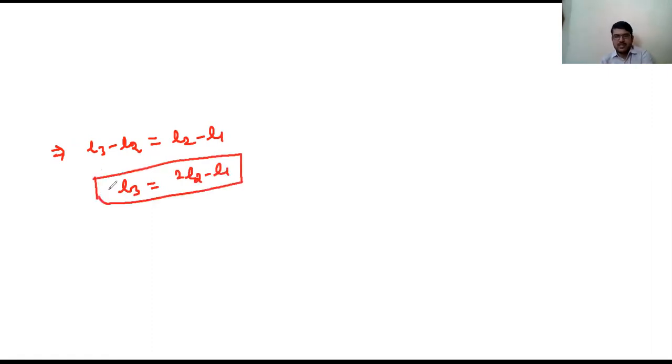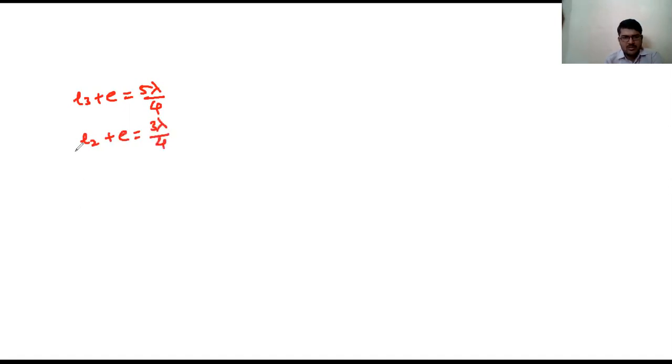This is also the third resonating length. You can find it from equations 2 and 3, or 1, 2, 3. Just subtract. First do L3 minus L2, or else I will do it. Wait, let me do it if you are not understanding. Here we got these equations: L3 plus E is equal to 5 lambda by 4, and L2 plus E is equal to 3 lambda by 4.